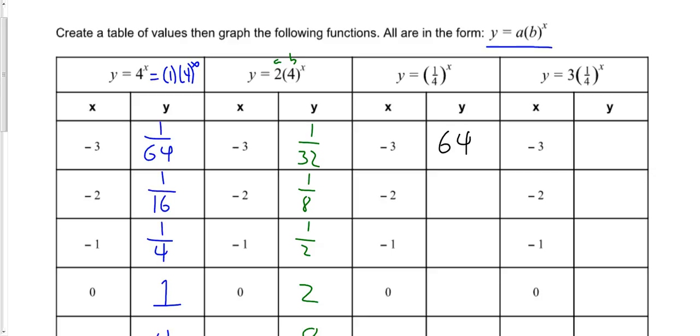If I do 1/4 raised to the exponent of -2, that's going to give me 16. If I do 1/4 raised to the exponent -1, that gives me 4. And 1/4 raised to the exponent 0 is going to give me 1.